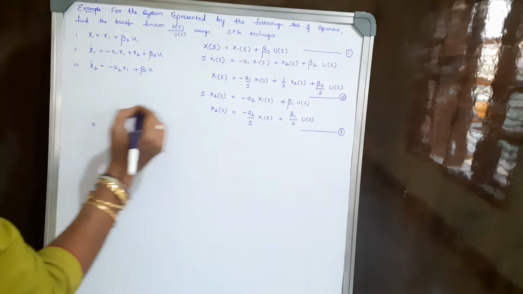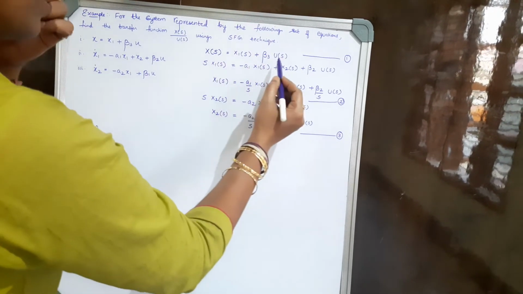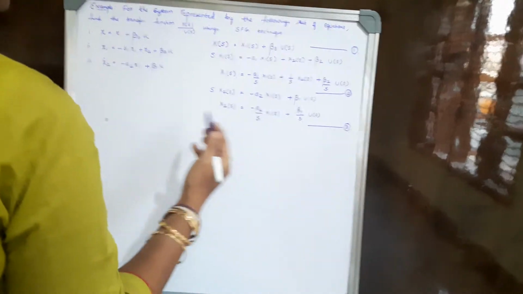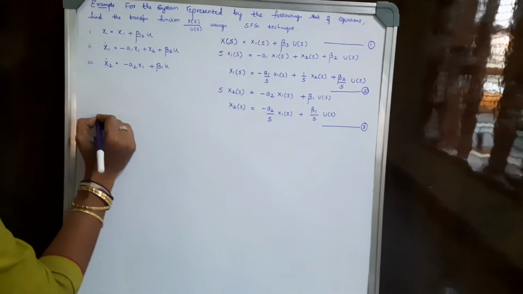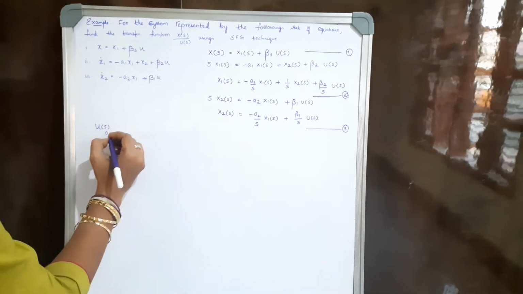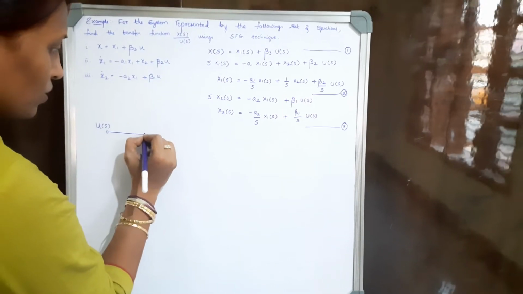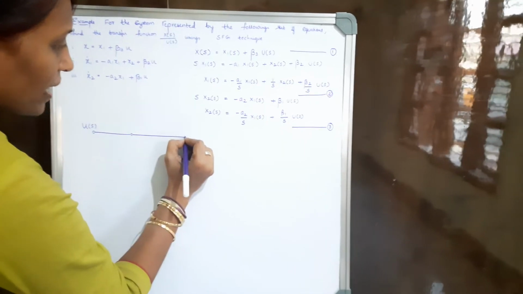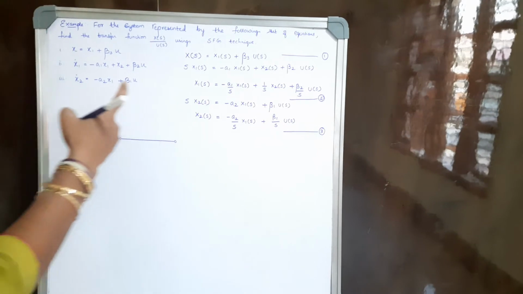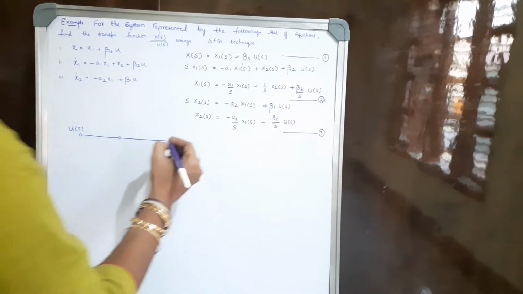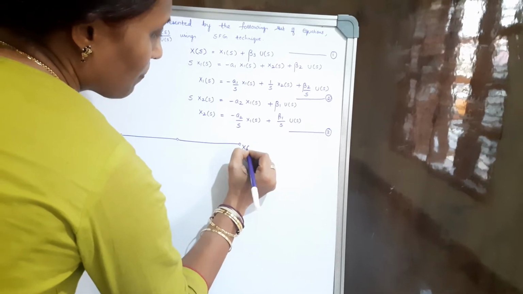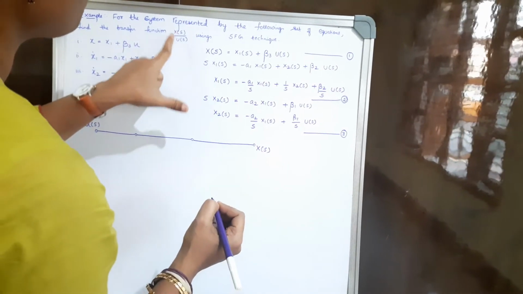As I said earlier, the nodes are the input node, the output node, as well as the intermediate nodes. So, the first node is the input. By the problem, I know U(s) is the input node. I have two more variables, X1(s) and X2(s). The output node is X(s), because in the problem, this is output and this is input.